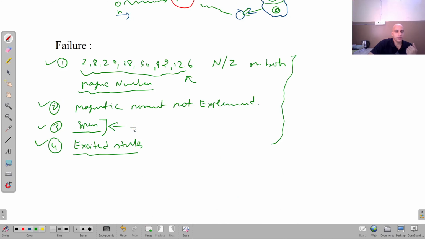One more failure that came to my mind is parity. Parity of the different nuclei is also not explained by the liquid drop model, because parity is also an important feature of any nucleus, any quantum particle, quantum entity. So parity is also not explained.